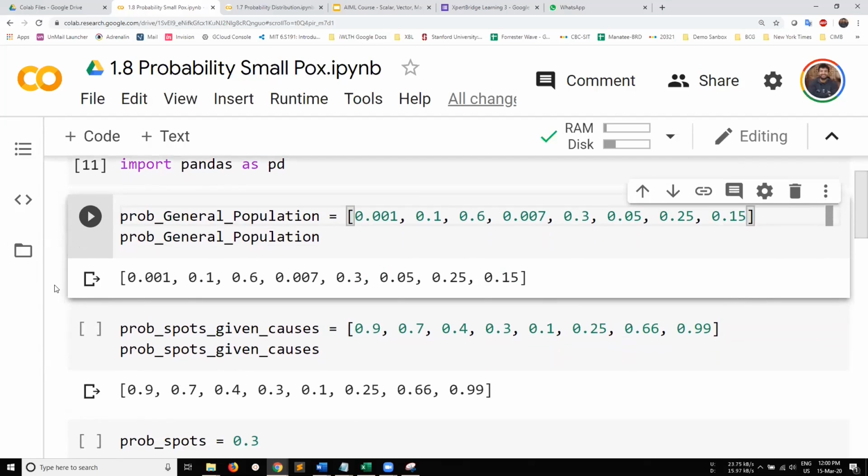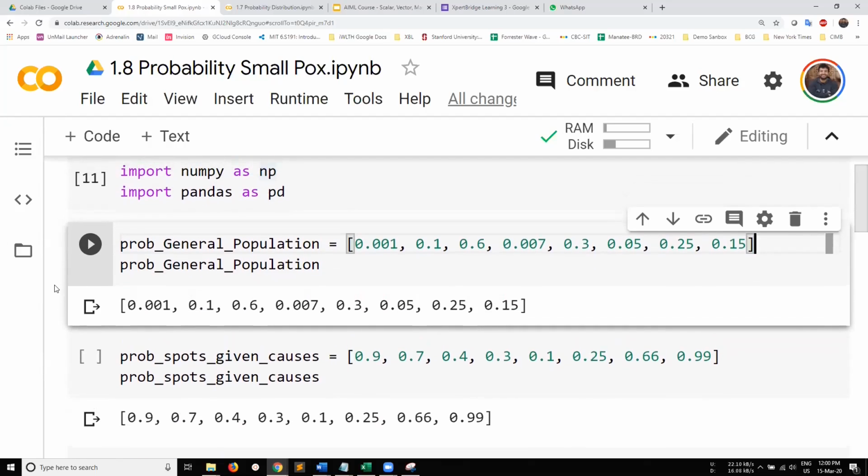In Python, you will see that when we define the variable, we don't have to define the type of the variable. By seeing the notation of that variable, it automatically understands whether it is a scalar or a vector or a matrix. And that makes all the future operations so much simpler.